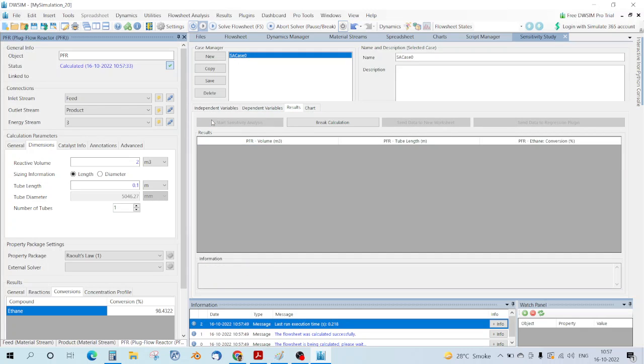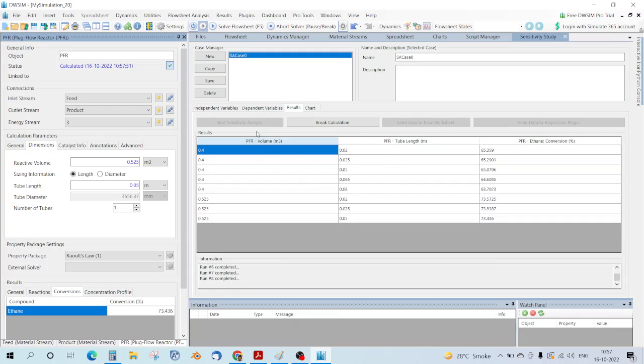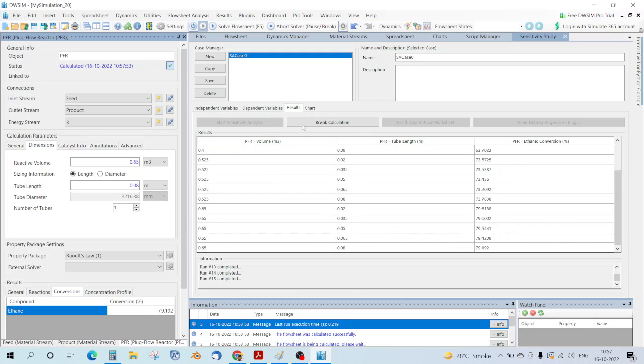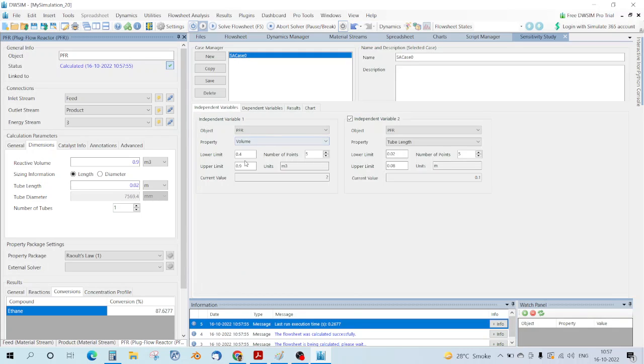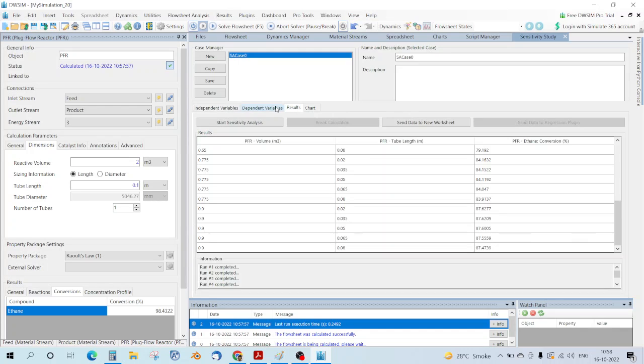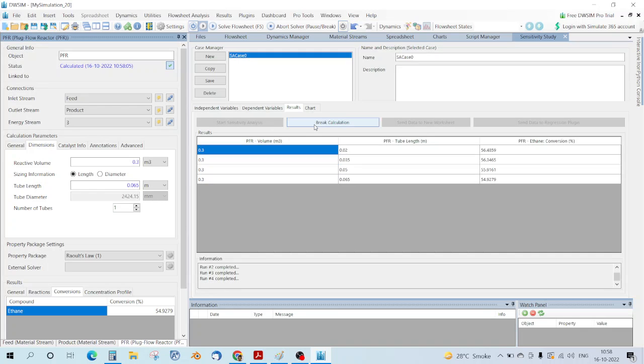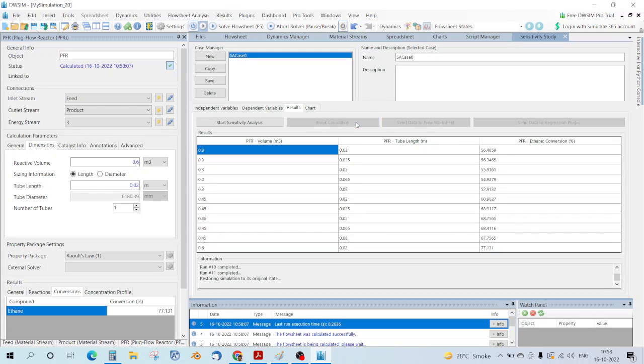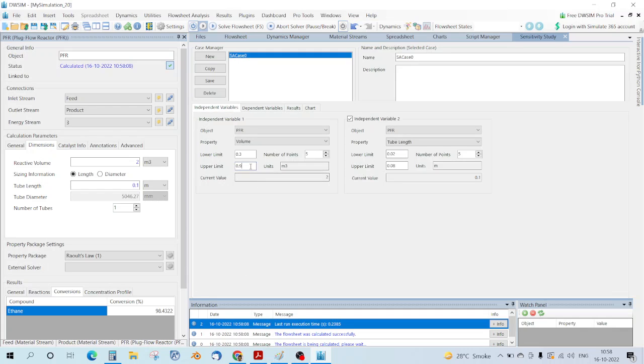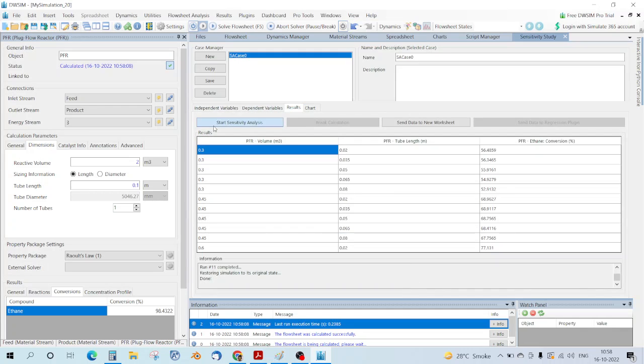Let's try it again. Okay, 0.4 is very close. So 0.3, and hopefully we will get it now. Yeah, just there. So it's about 0.3, then 0.45. So let's take 0.3 to 0.4, and let's start it.